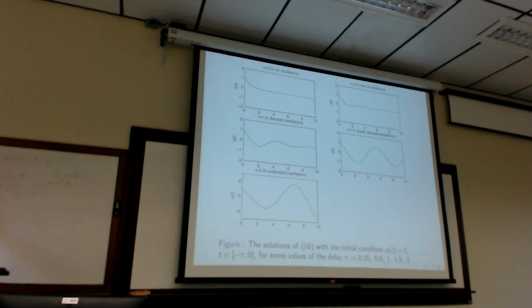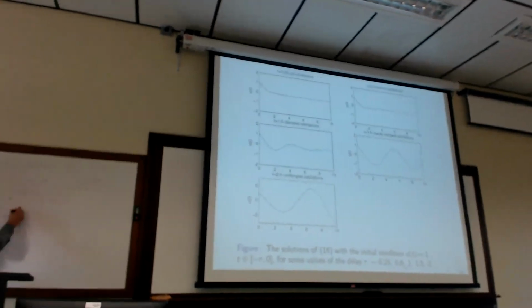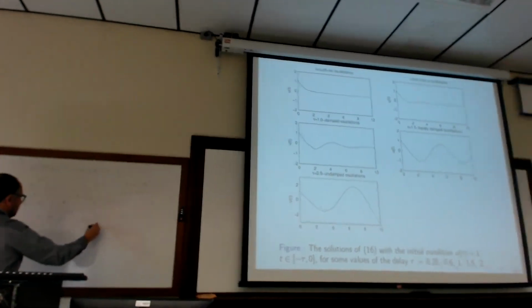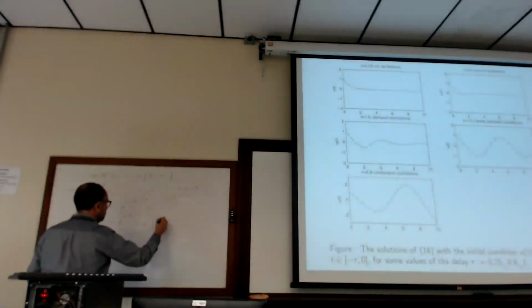Then, if we want to find solutions of this form, we have to find coefficients satisfying this expression. We will have lambda plus exponential of minus lambda tau equals 0.